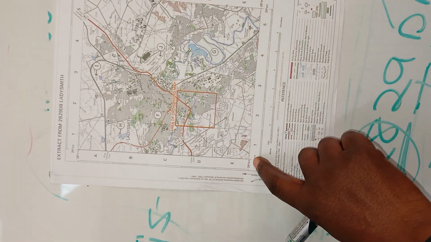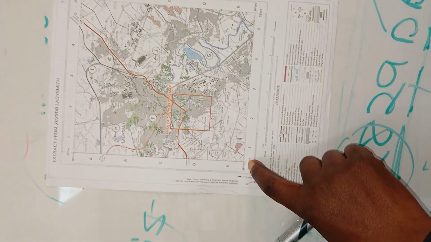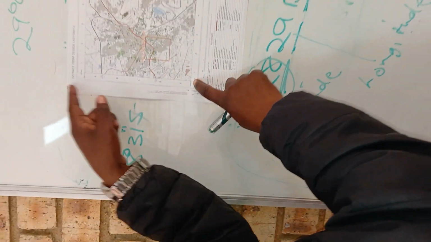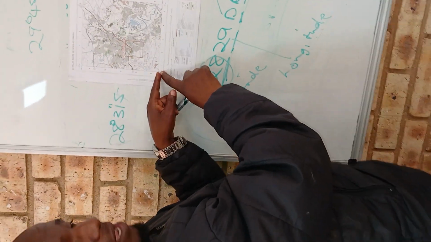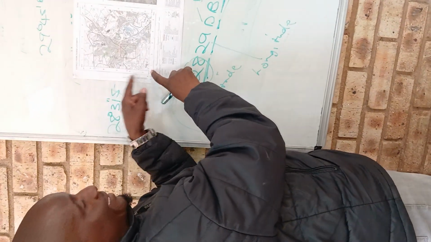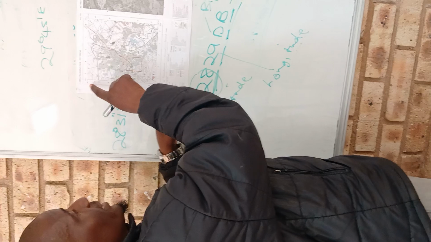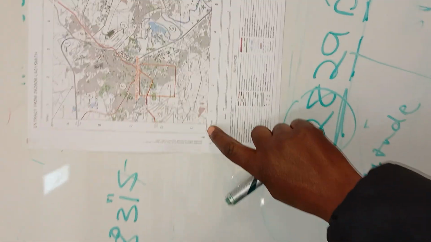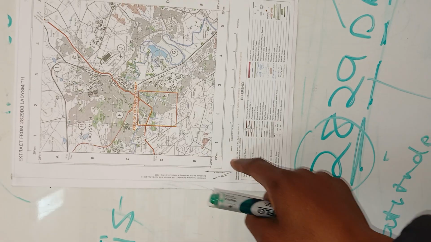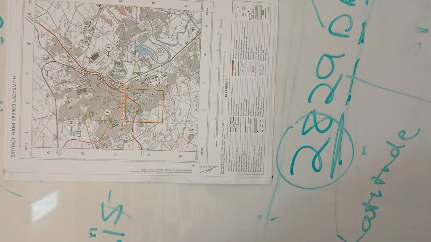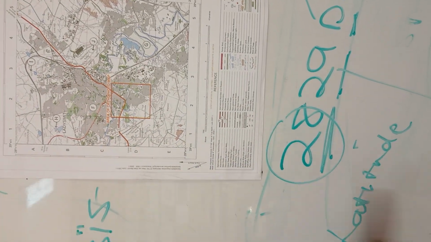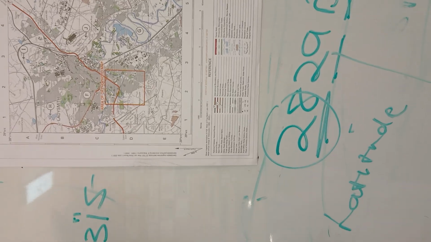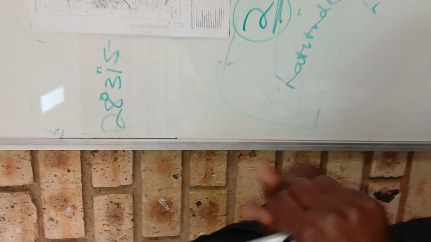That's why at the bottom we have 28 degrees, 36 minutes, because only the minutes change, but the degree is still the same. You should know that latitude numbers increase going southwards. What is increasing is the minutes, but the degree is still the same.